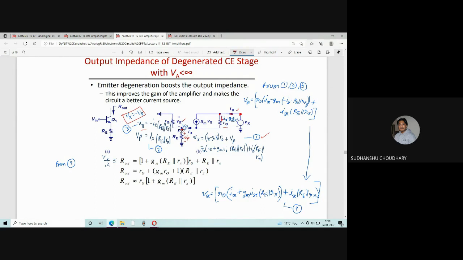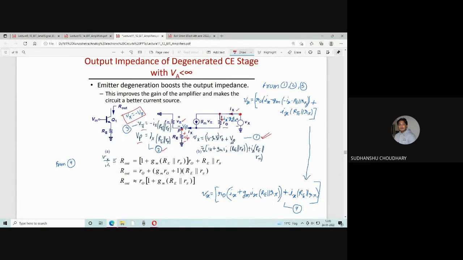Because these two resistors, R pi and Re, are both in parallel. So one can write V pi as minus Ix times Re parallel to R pi. Similarly, Vp can be written as Ix times Re parallel to R pi. So V pi and Vp, one can put in equation 1.